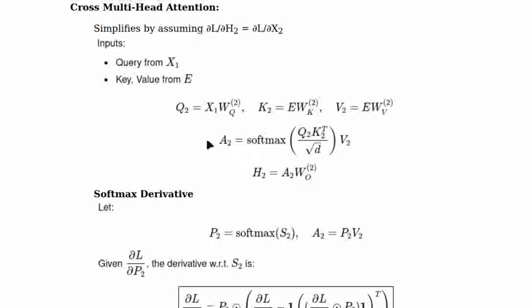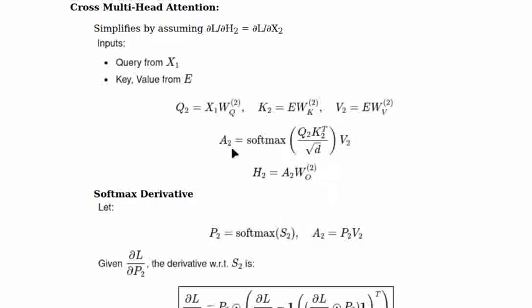So suppose A2 is equal to the softmax of this product times V2, then X2 is equal to A2 WO, the output matrix. Okay. Index 2 here means we refer to the cross multi-head attention.